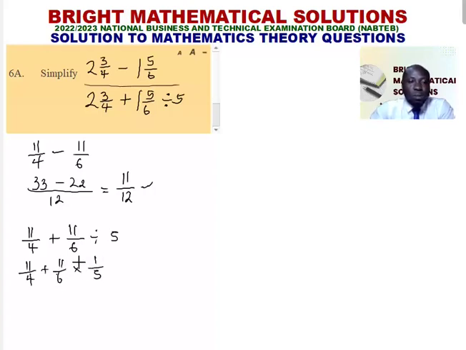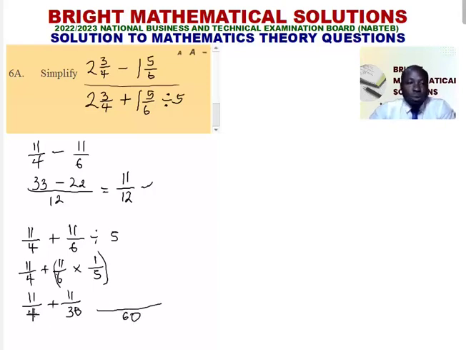So we will multiply this together. It will become 11 over 4 plus 11 over 30. So let us find the LCM of this and let us solve. So the LCM of this will be 60.